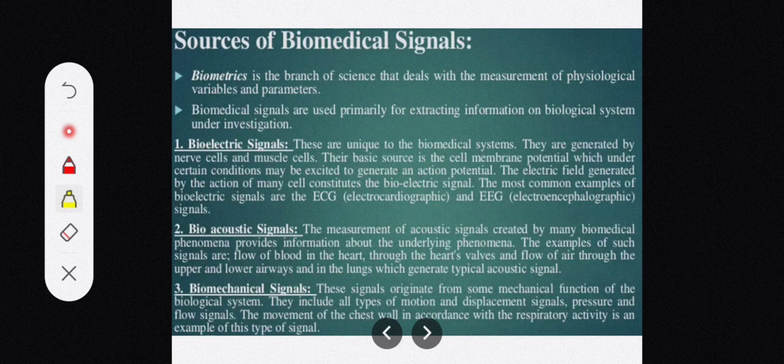So before discussing the sources of biomedical signals, or you can say the types of biomedical signals, let me tell you what a biomedical signal is. Biomedical signals are those signals which are used to extract information of a biological system, or you can say these are the signals that convey information about a biological system.